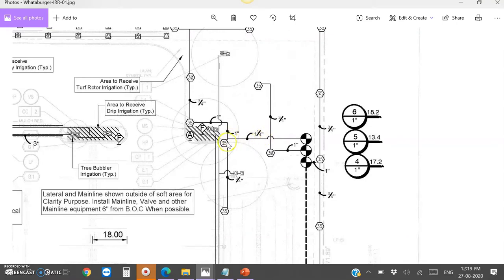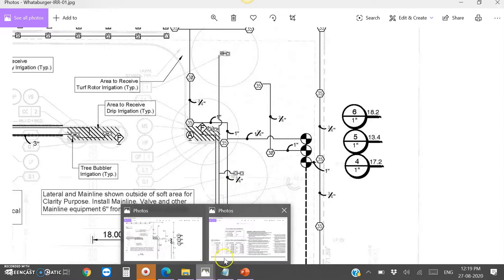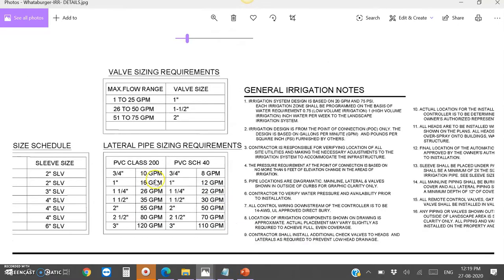Similarly, as we pass this on, we have separated the flow into two sides. On this side we are only passing one zone, with just one rotor, which does not require more than 10 GPM.